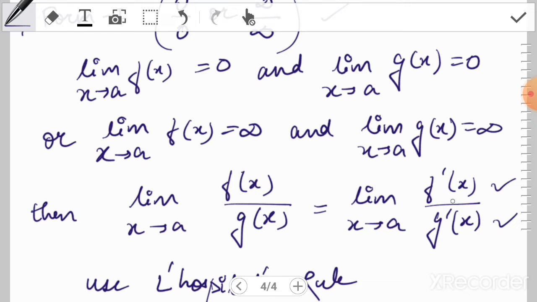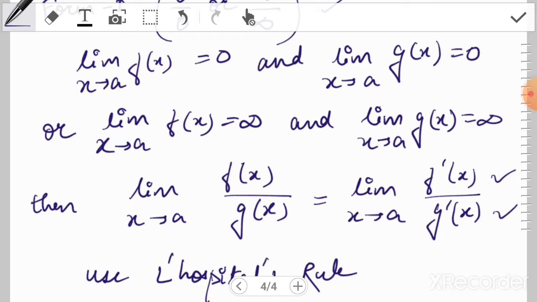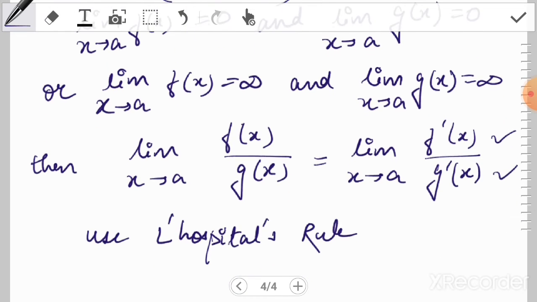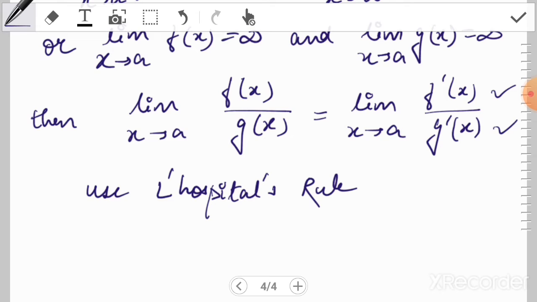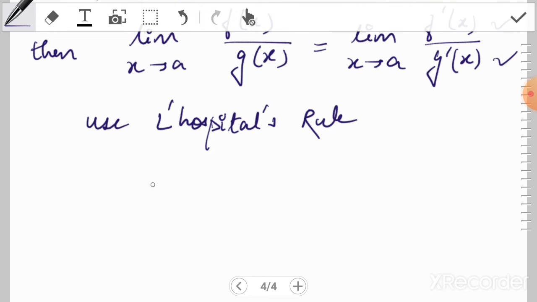Now, as x tends to a, if it again takes the form 0 by 0 or infinity by infinity, again differentiate the numerator and denominator with respect to x and repeat this process until the indeterminate form is removed and we get either a real number, infinity, or minus infinity as a limit. Okay.